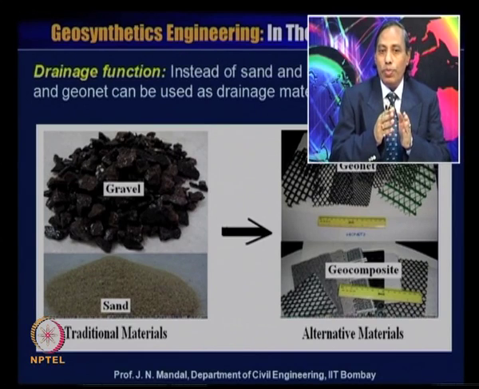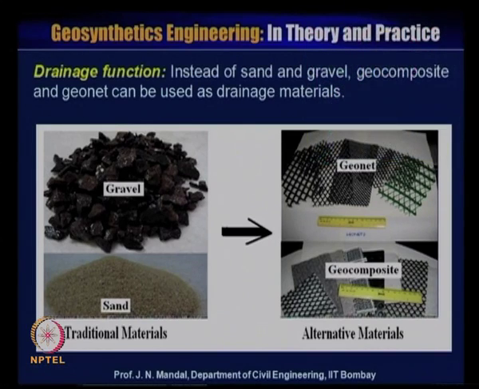So as an alternative to traditional material like gravel and sand, we can use prefabricated geosynthetics material like GeoNet and geocomposite. This material has very high flow capacity, so it can solve the drainage problem.